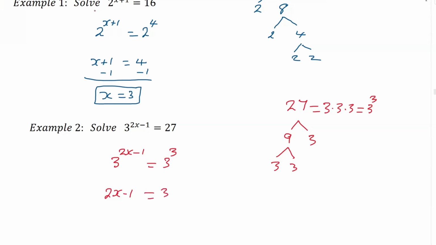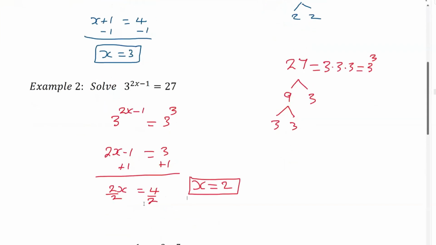So now we will solve this linear equation by adding 1, which would say that 2x is equal to 4. Divide by 2, and that would tell us that x is equal to 2. So 2 is the solution for this exponential equation.